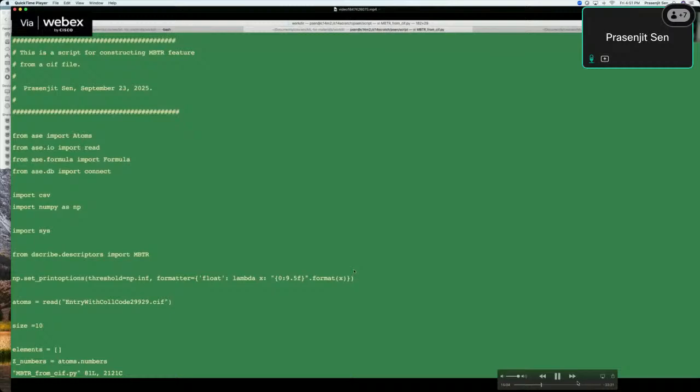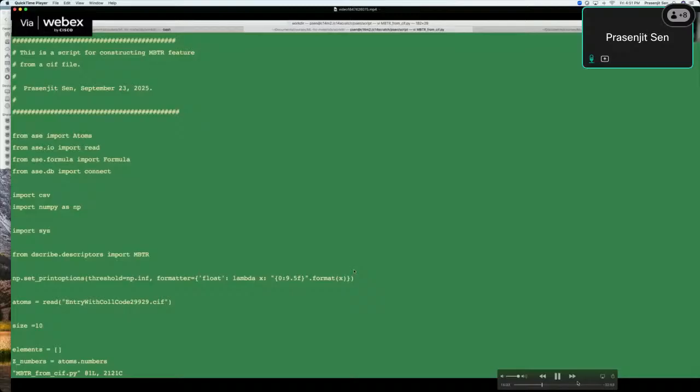crystallographic information format. And just as ASE can read structure information from JSON files, ASE can also read structure information from CIF files. Many databases, for example, even when you access data from Materials Project, I showed you that we were storing it as JSON files.